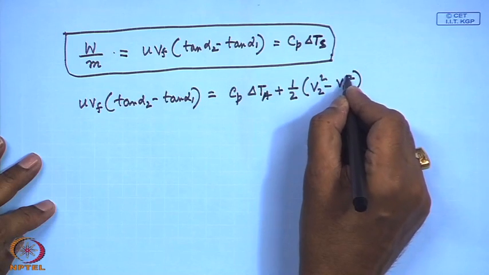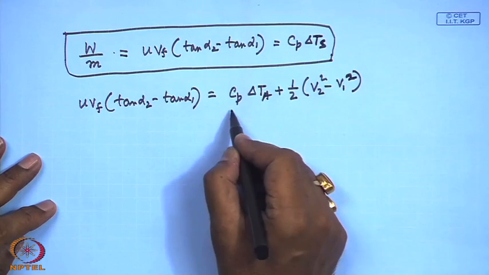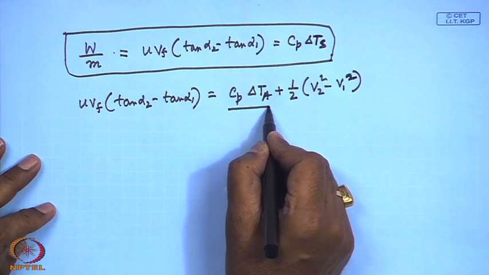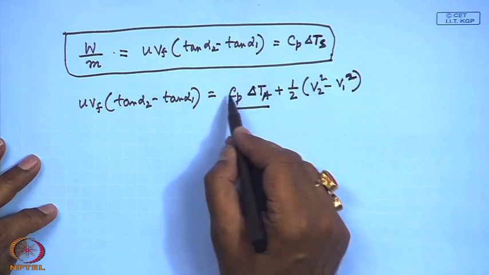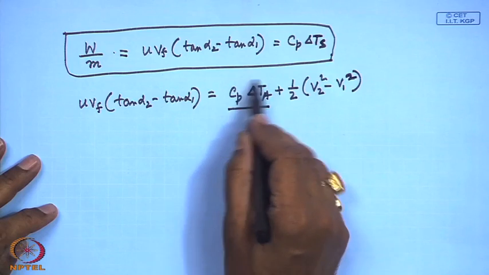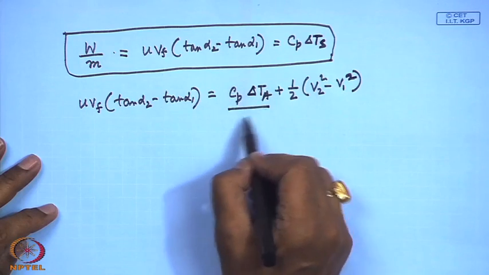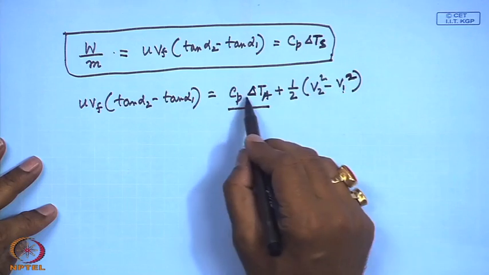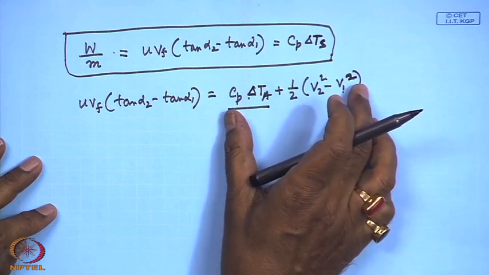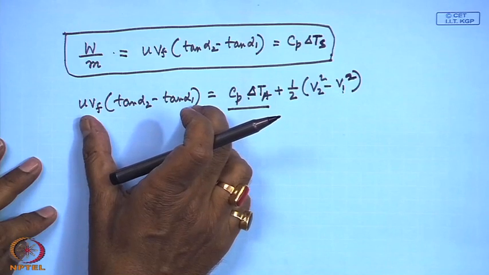So, an energy balance in the rotor gives that the rotor takes energy and the air static temperature is increased. This is the energy change due to the increase in static temperature, that is the static enthalpy rise, plus the kinetic energy change. So, the summation of these two, from the steady flow energy equation, is the energy input per unit mass basis.